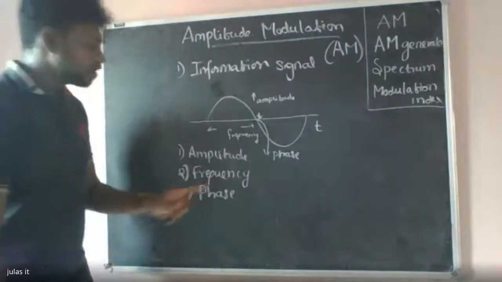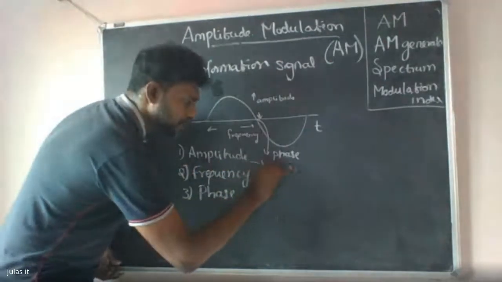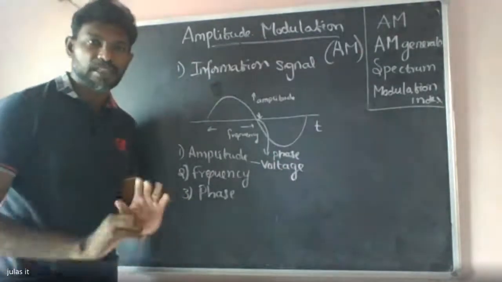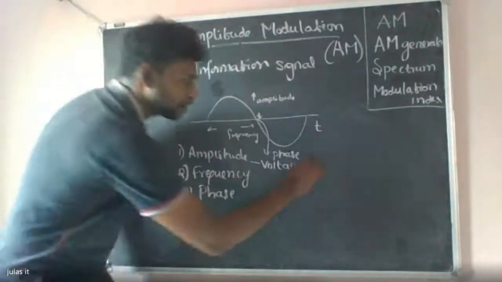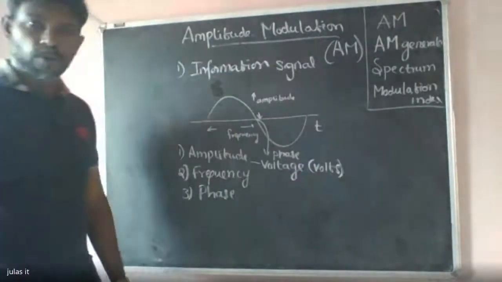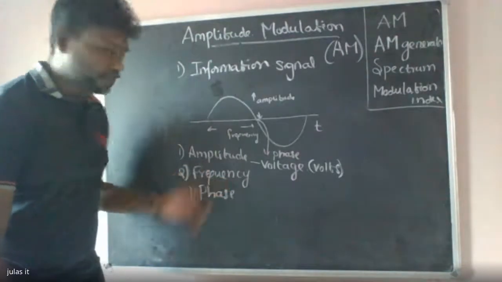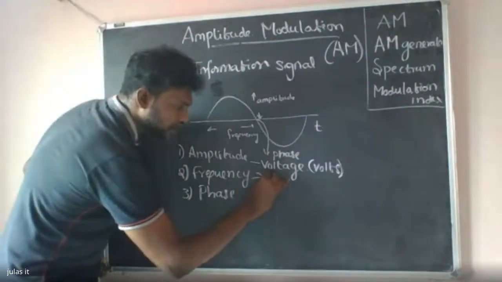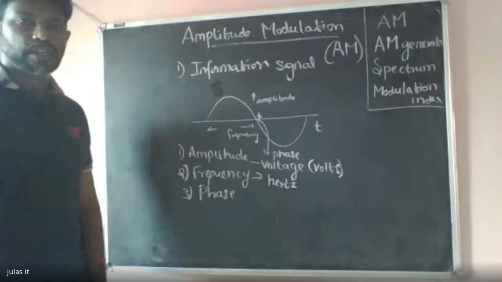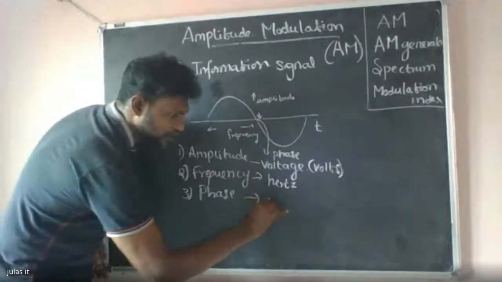Right? So amplitude is nothing but voltage. It is measured in the form of volts. Its unit is volts, right? When you come to the frequency, frequency is measured in hertz. Then we come to the phase angle. Phase is nothing but angle.